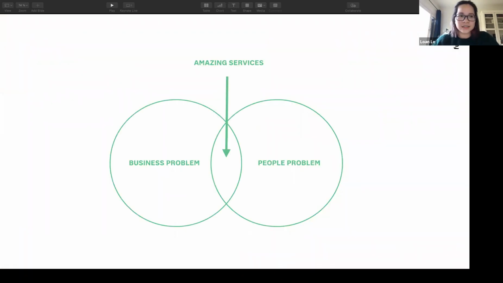Throughout these years, I've seen that although there are many factors contributing to a successful digital product, the best ones are often created by taking into account both the business viewpoint and customer needs. An amazing product or service is one that tackles a problem not only from a business perspective, but also from the user perspective.